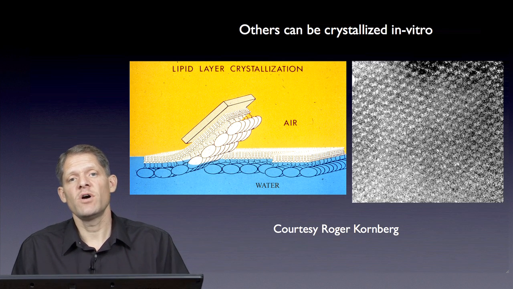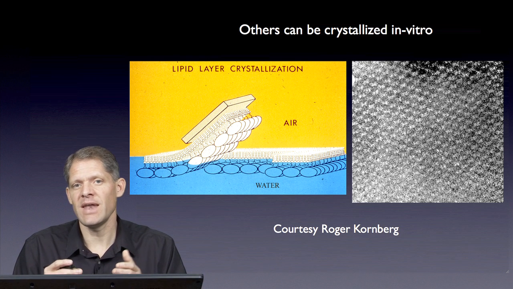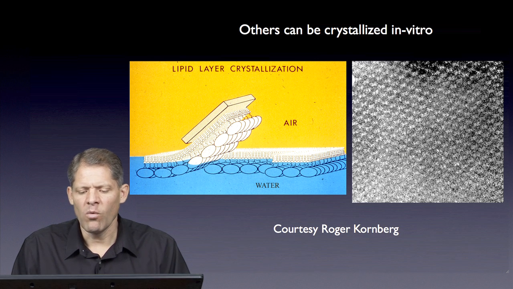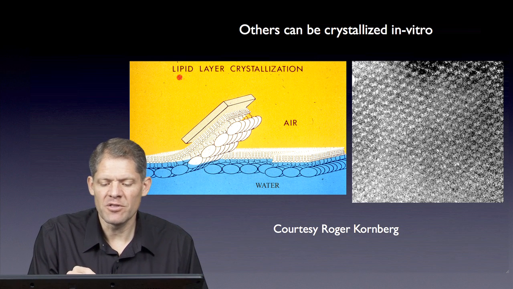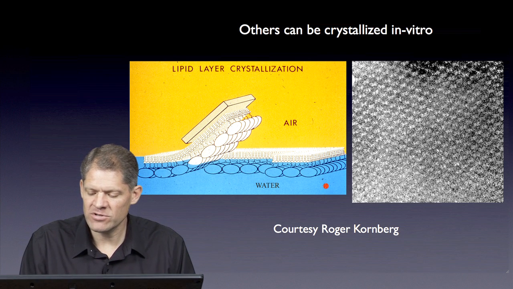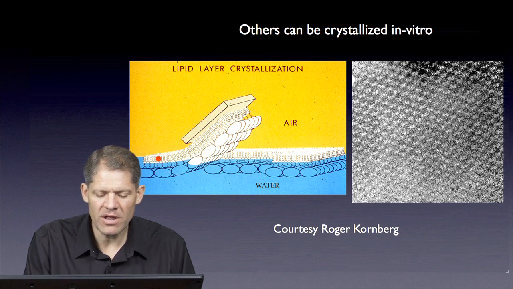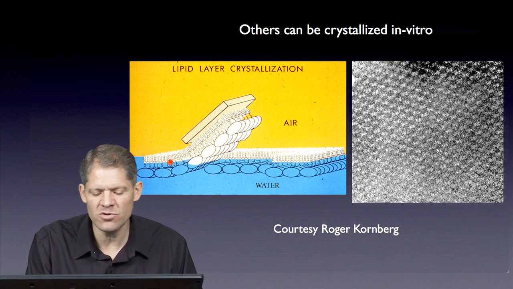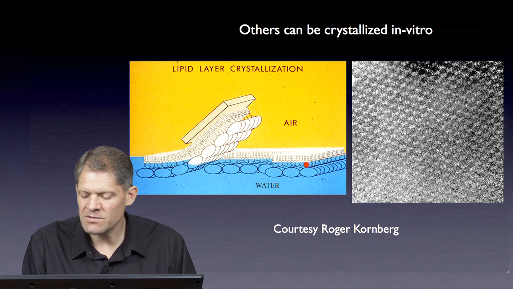If, however, you want to crystallize a protein that doesn't naturally self-assemble into well-ordered 2D arrays, one approach that can be taken has been called the lipid layer crystallization technique. Here you have a solution of your protein, and you deposit a monolayer of lipids on the interface between the water and the air. The hydrophobic tails stick up towards the air, and the hydrophilic heads embed into the solution and form this nice monolayer.